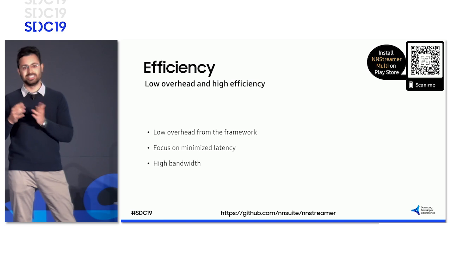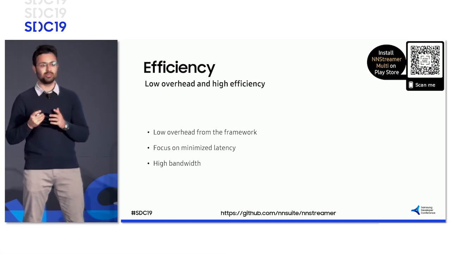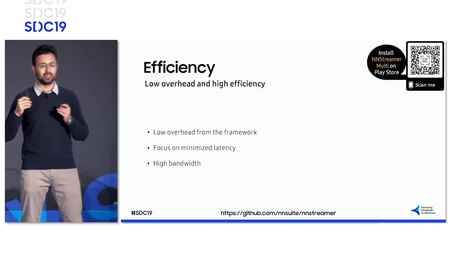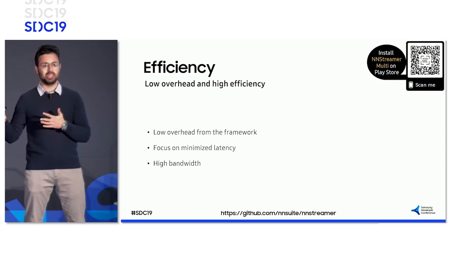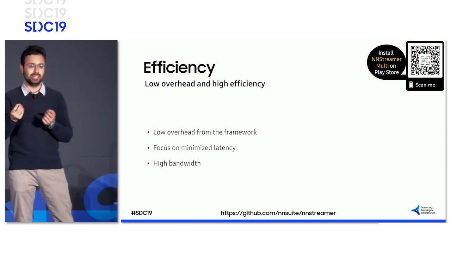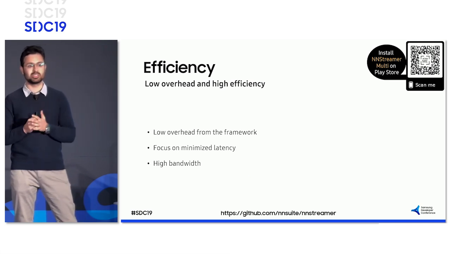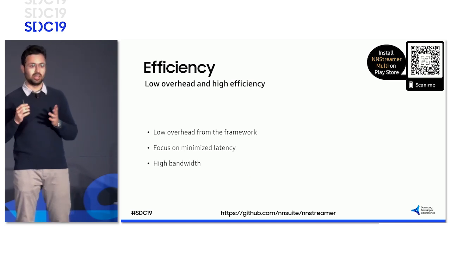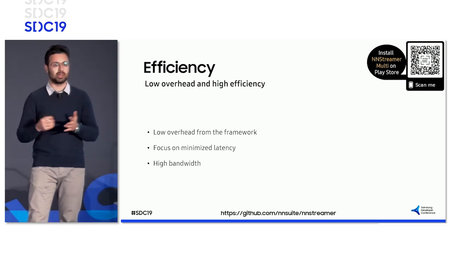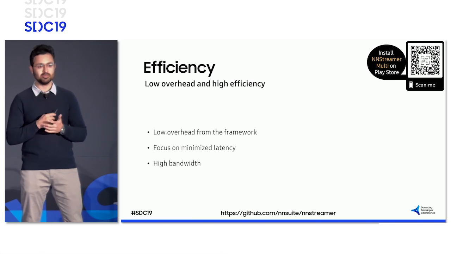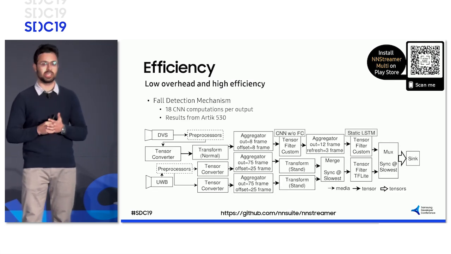We provide yet another API which allows you to use NNStreamer for very simplified situations. In those, the overhead of a complex pipeline has been minimized, even though it's just a few milliseconds, but even that has been removed so that the developers get their best performance. We have adapted it for high bandwidth applications with our low cost memory handling. We have benchmarked our application with a fault detection mechanism.